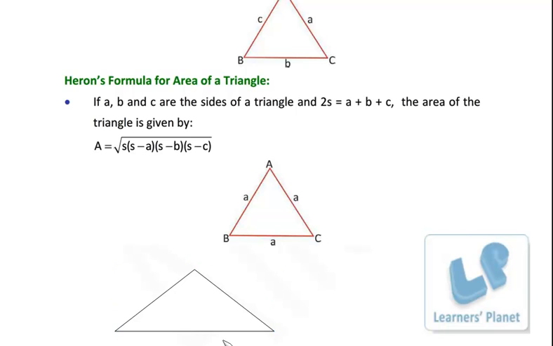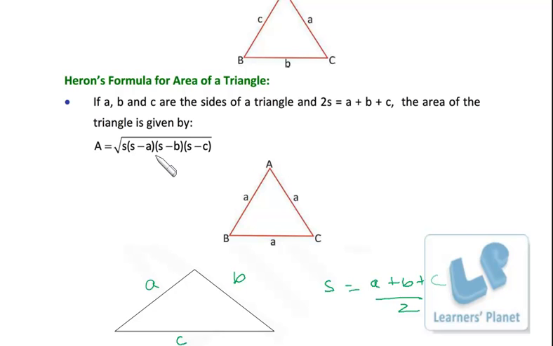This is a scalene triangle having the sides A, B and C. Then semi perimeter will be A plus B plus C by 2, and area of this triangle, we call it Heron's formula for area of triangle, is given by square root of S into S minus A into S minus B into S minus C. A, B, C are sides of the triangle, that is a scalene triangle. S is the semi perimeter, that is A plus B plus C by 2, and area of the triangle is given by root of S into S minus A, S minus B, S minus C.